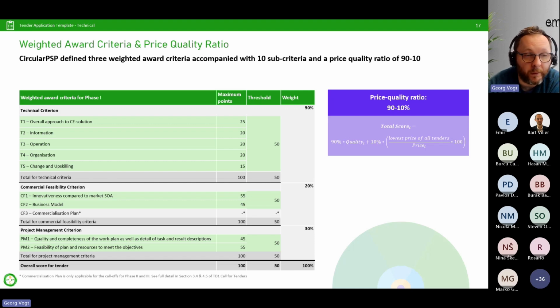And each criterion has a certain weight to basically add up how many points you've got. As you note, in phase 1, for the initial tender, we do not expect a commercial plan. This is a criterion you will have to answer if you make the call-off proposal.